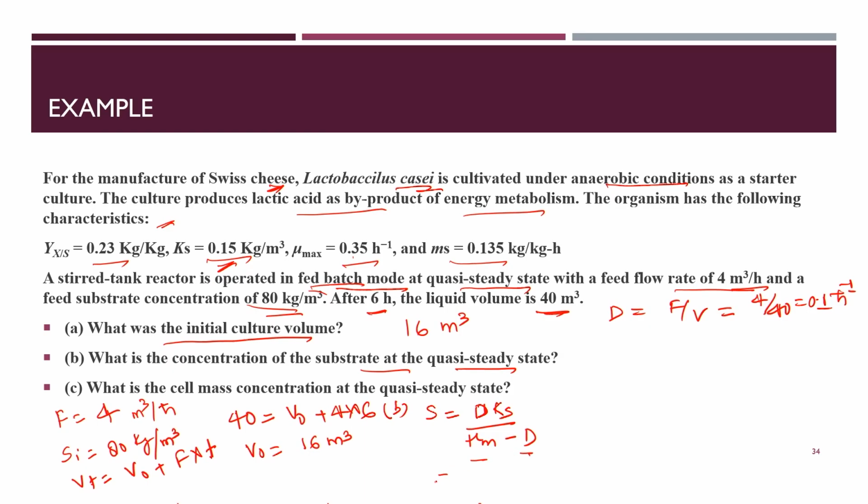So we will get the value of S as 0.06 kg per meter cube. Initial Si was 80, now it has become 0.06 kg per meter cube inside the bioreactor.